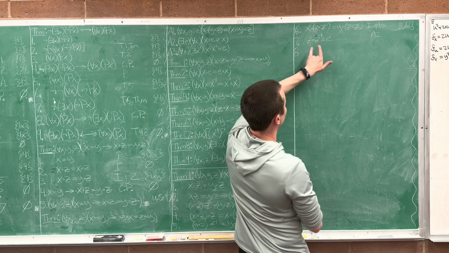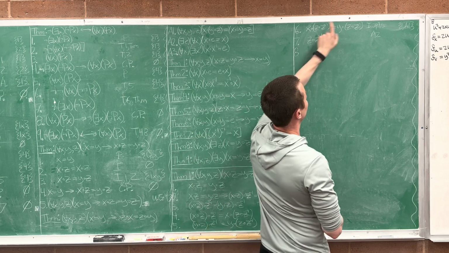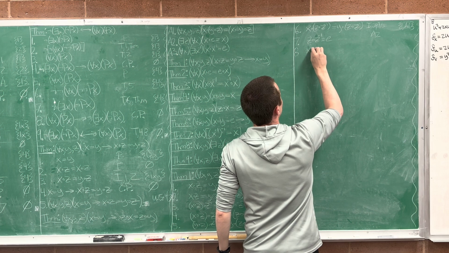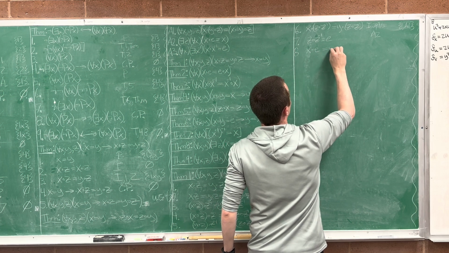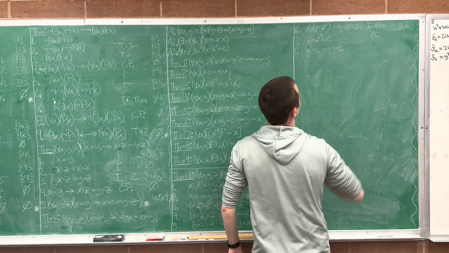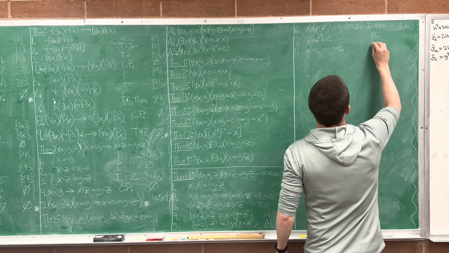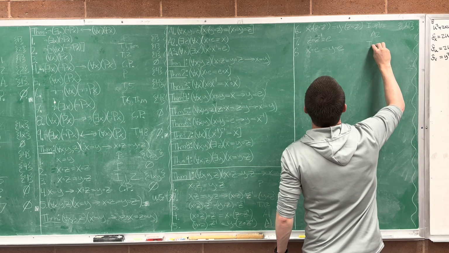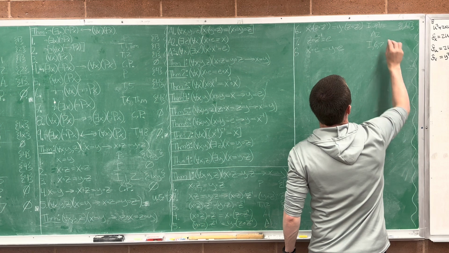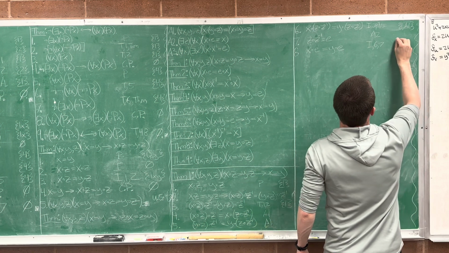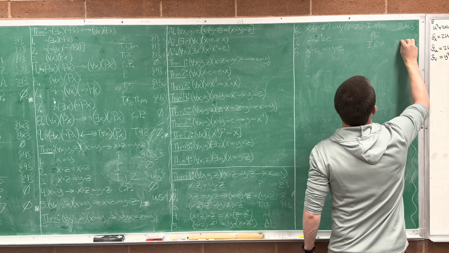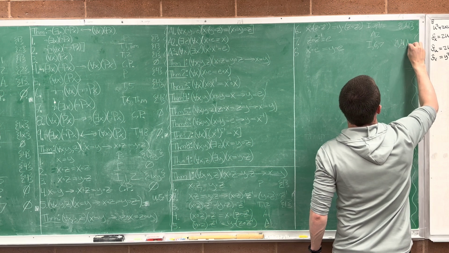So line 8, substituting z compose z inverse for E into both of these, I'm going to get x compose E is equal to y compose E. That is using identity on lines 6 and 7. And now we are dependent upon premise 1, axiom 1, and axiom 2.